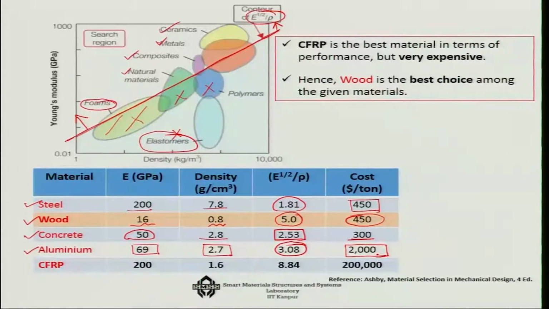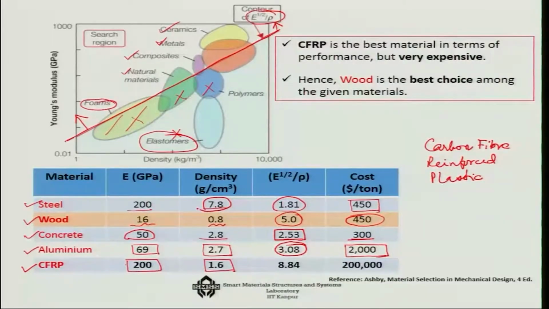Well, if pocket is not a problem, why don't we try CFRP? You know what CFRP is? That is carbon, I have talked about it, right? Carbon fiber reinforced plastic. That is one of the very advanced materials that is available today. It has a modulus of elasticity of about 200 gigapascal, just like steel, but the density is 1.6, much less than the 7.8 density of steel.